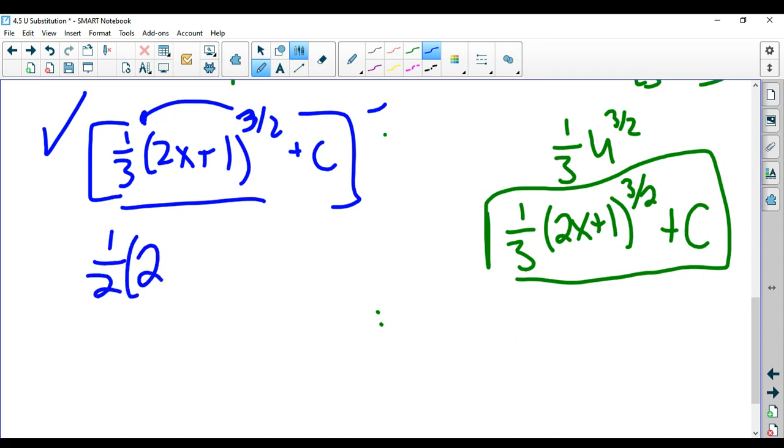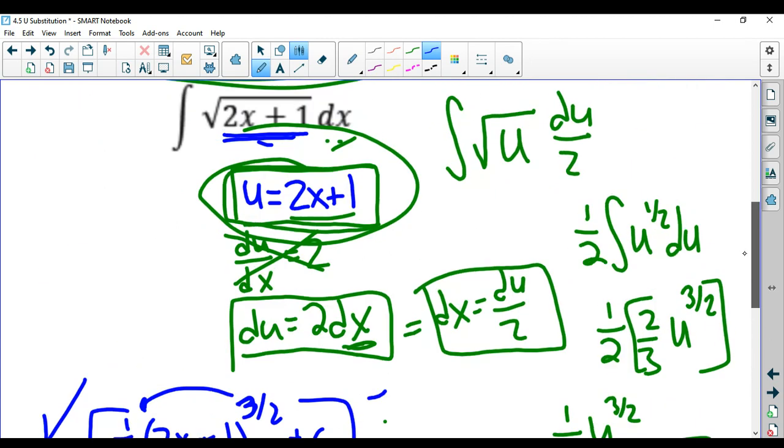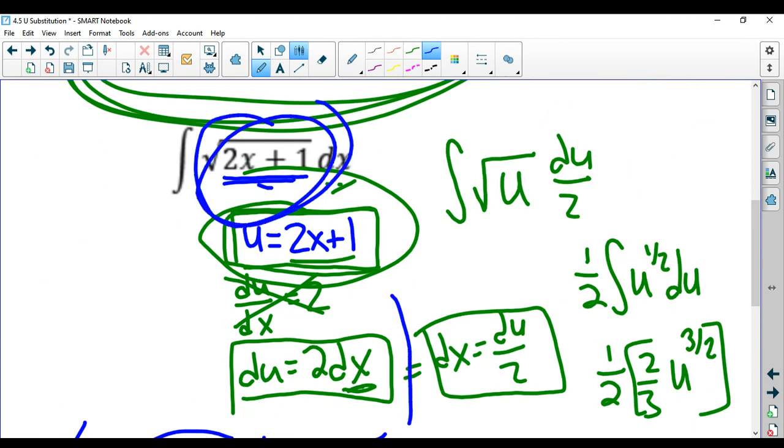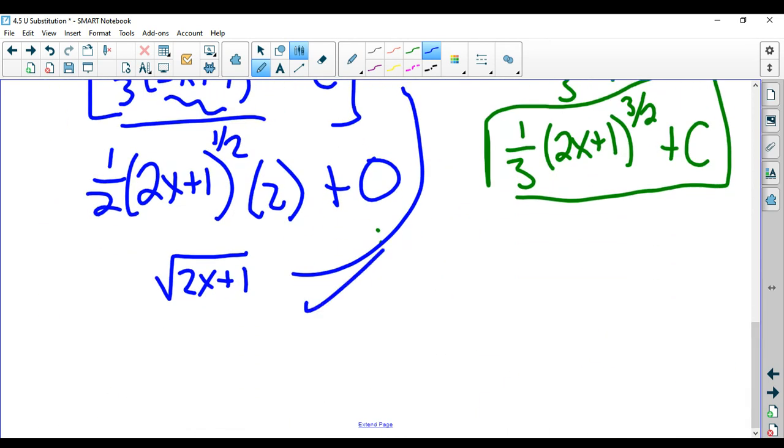Leave the inside alone. That's what we do with the chain rule. Subtract 1. And then multiply by the derivative of the inside, which is 2x plus 1. So the derivative of the inside is 2. And then plus the derivative of c, which is 0. Simplify. 2 times 1/2 is 1. We're left with just the square root of 2x plus 1, which is our original integrand. So it checks, meaning we did it right, and that's it.